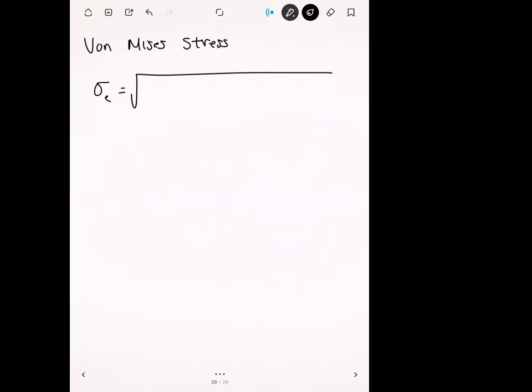It's going to be the square root of sigma xx squared minus sigma x sigma y, plus sigma y squared, plus 3 tau xy squared.